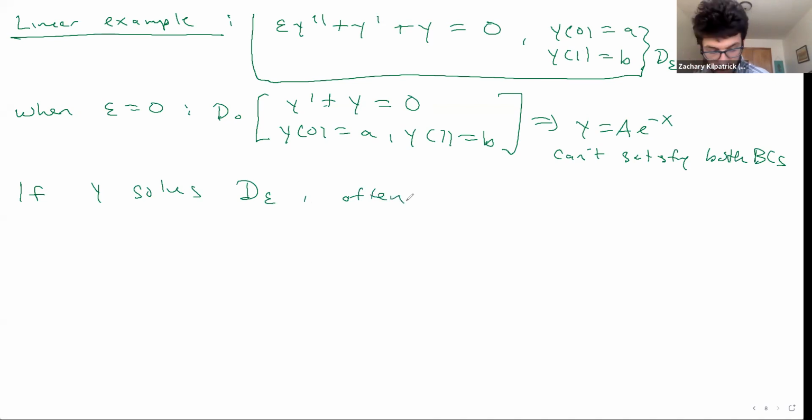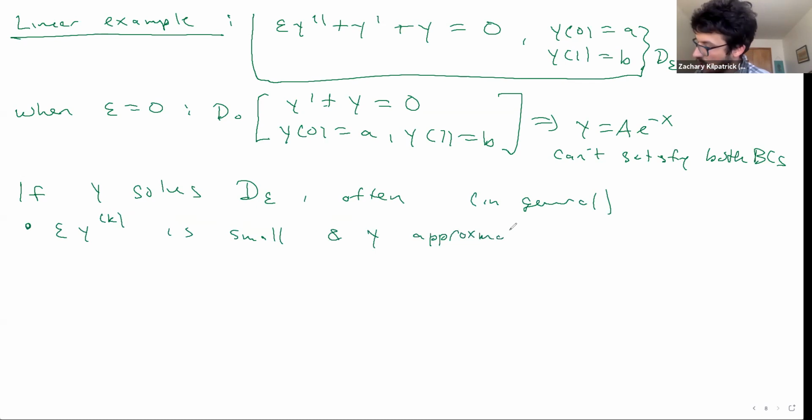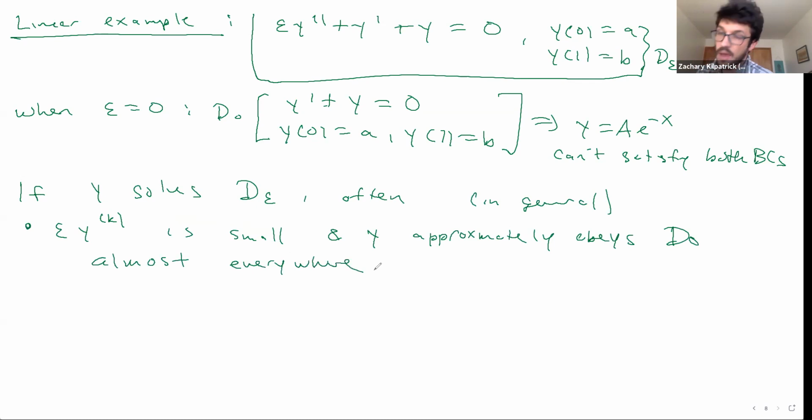And often, in general, we might have this situation where epsilon times the kth derivative of y is small, and y approximately obeys D0 almost everywhere, okay?